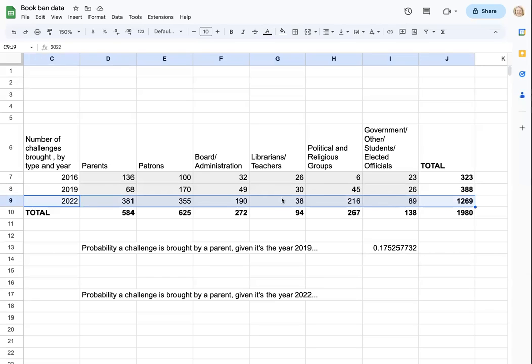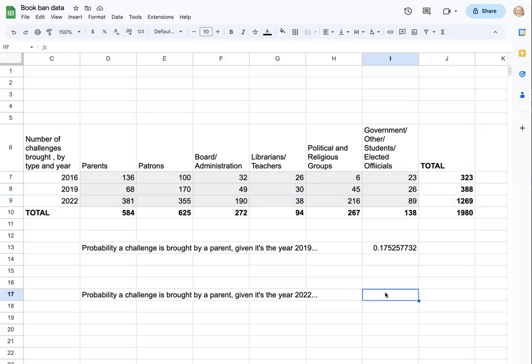So we have to look into the column that has the parents, 381. So I'll type in equals 381 divided by our row total. Go back to the row total, 1269. Push enter. So now our probability is about 0.3. If we want to interpret these as percentages, we can say in the year 2019, 17% or 18%, if I round, 18% of challenges were brought by parents.